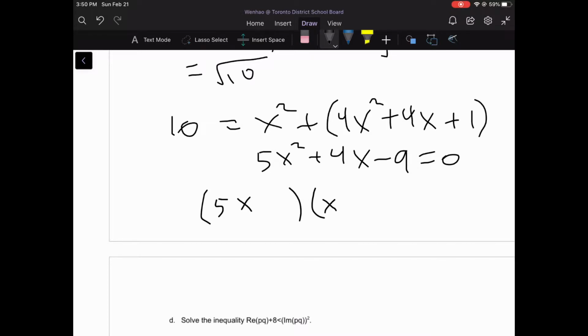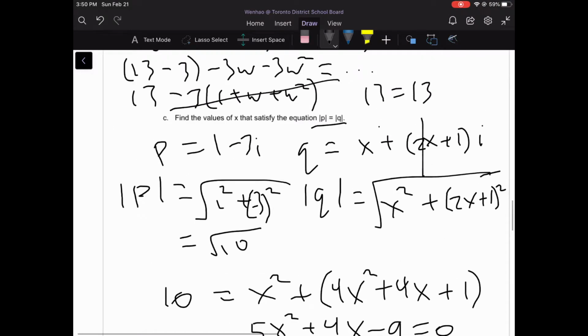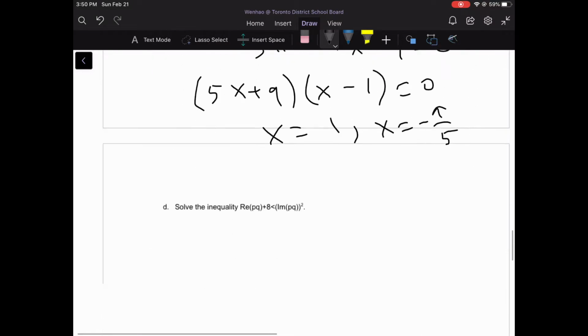Two numbers that multiply to negative 9 and add up to positive 4: positive 9 and negative 1. So x is equal to 1, or x is equal to negative 9 over 5. Those are the x values that satisfy this equation.